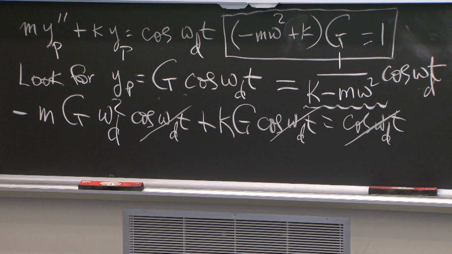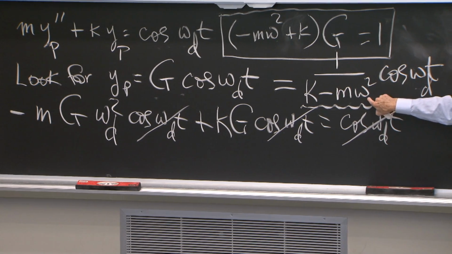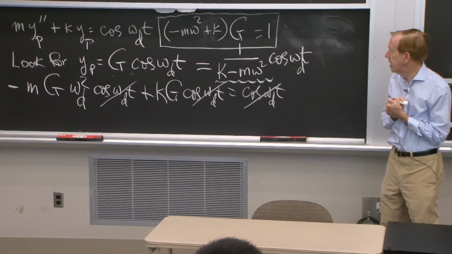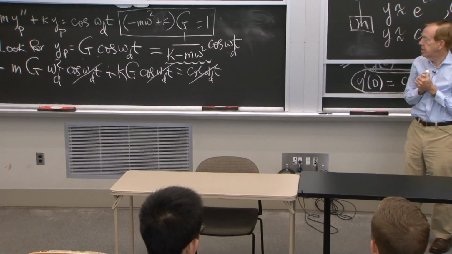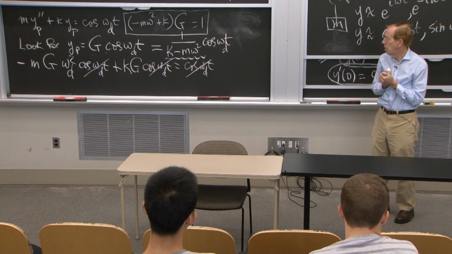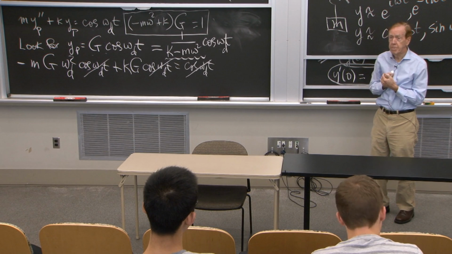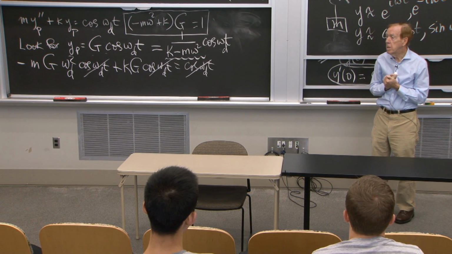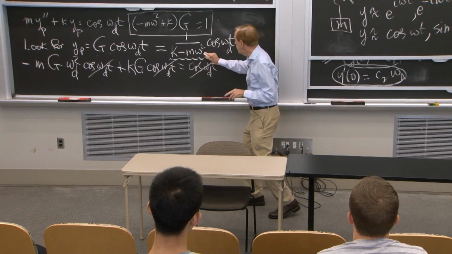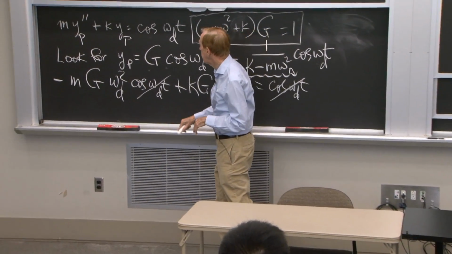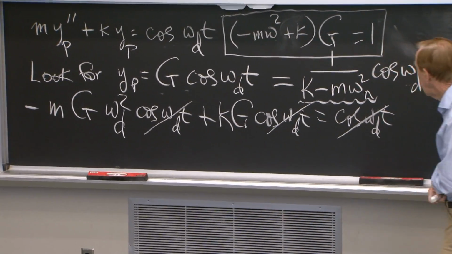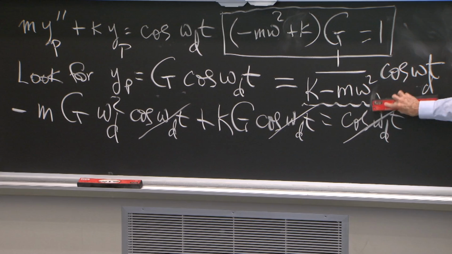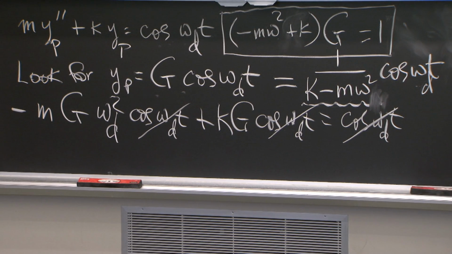And notice, we could write that a cool way by remembering omega squared. That's wrong as it stands. What have I forgotten in writing k minus m omega squared in that denominator? I forgot a subscript, which is n, right? Or is it d? Maybe I didn't make a mistake. You see the kind of critical moment. Which is it?